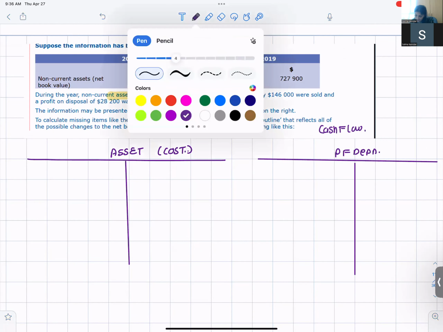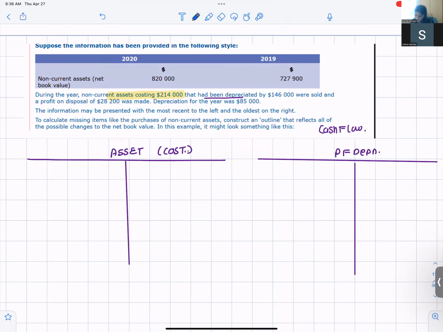Asset account is always maintained at cost. This is the opening balance of your asset, 727,900. 820,000 is the closing balance of your asset. If you have purchased any asset, it will come over here. And if you have sold any asset, it will come over here.